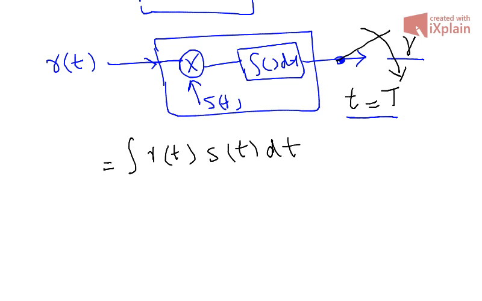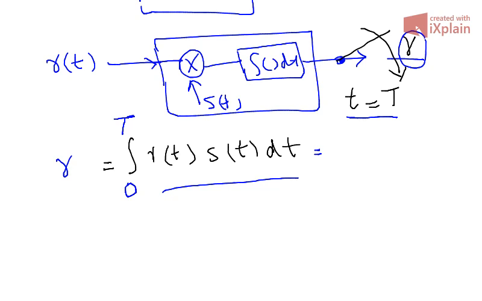Observing the sample at this instant means we are observing the output of this integrator at capital T. So this should not be called a signal, but a sample value. A sample value R is actually this one.